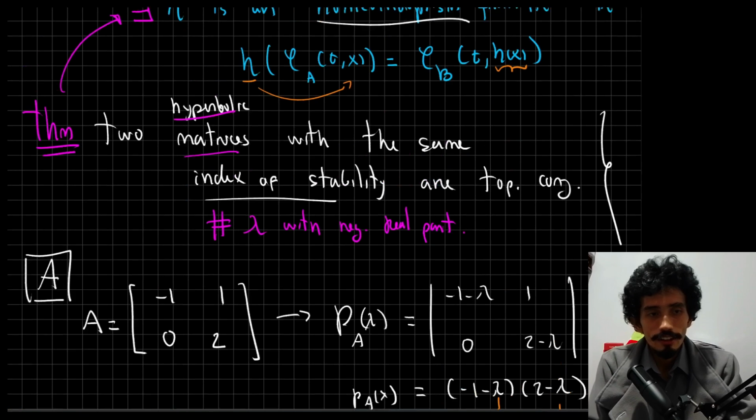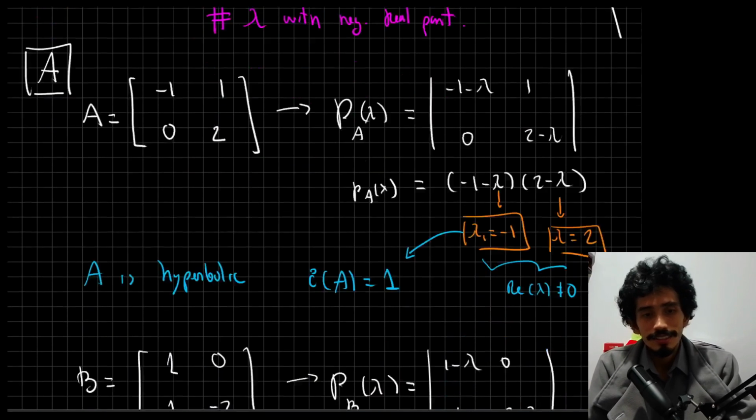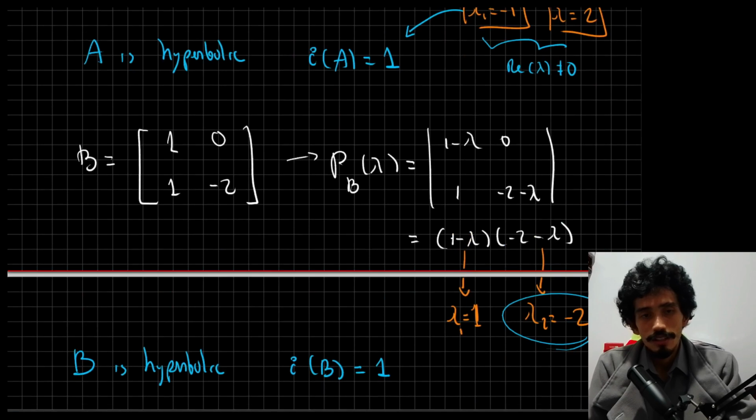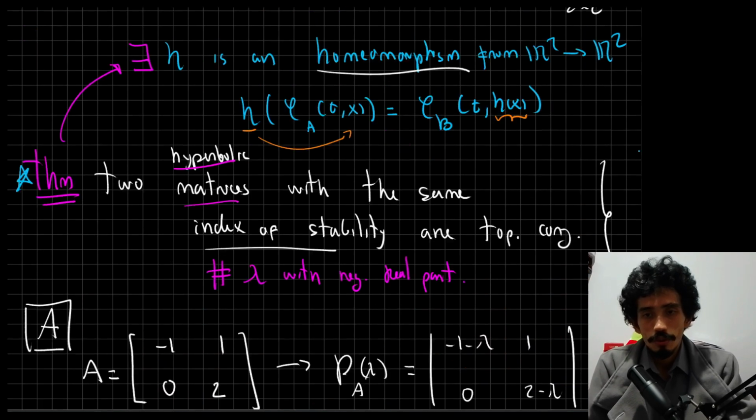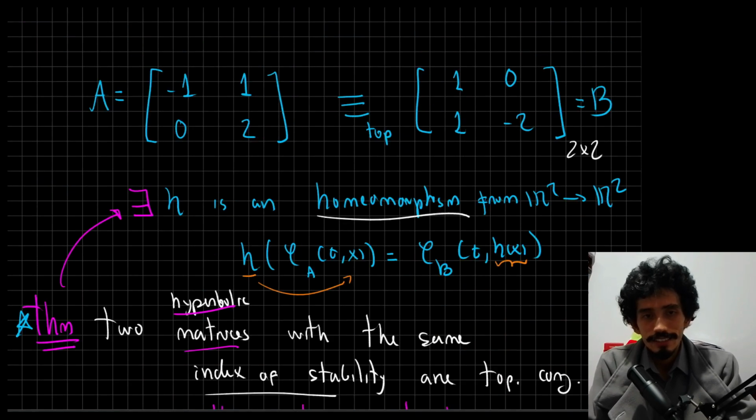So by means of that theorem that we mentioned previously, these two matrices are topologically conjugate. So we have proof that there exists this homeomorphism, but we don't know what it is.